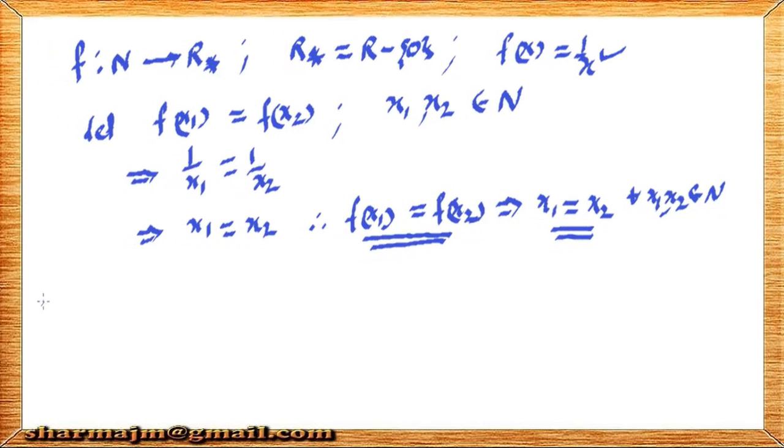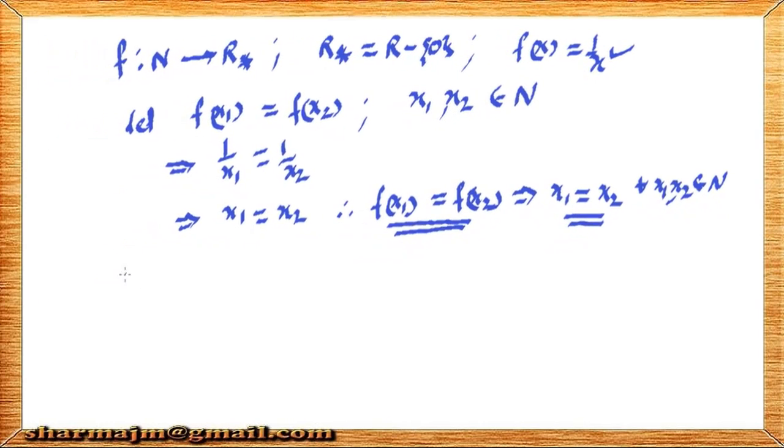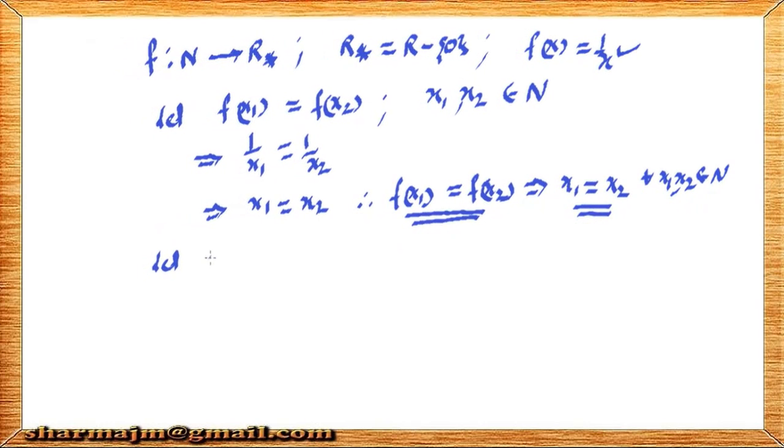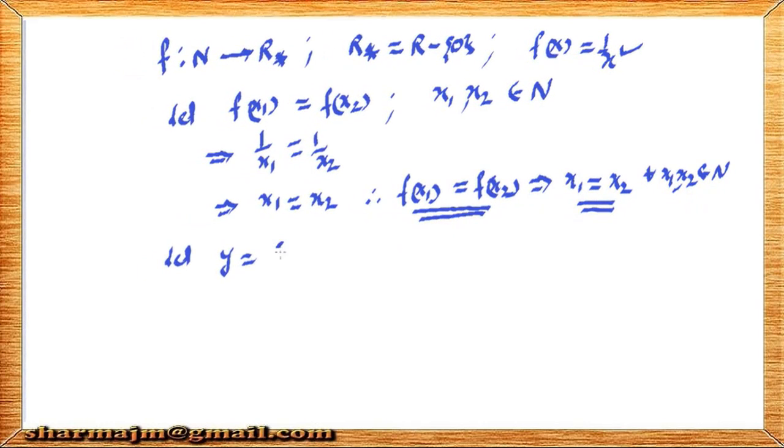Now we will check it for onto. So here let y is equal to 2 by 3 in R star. Let this element be in the codomain.